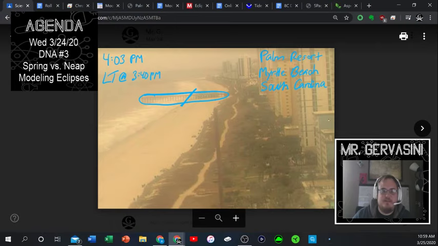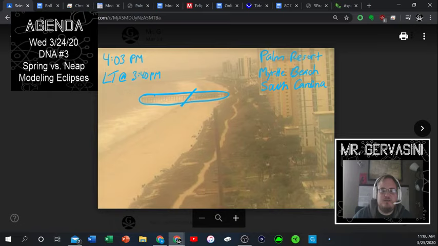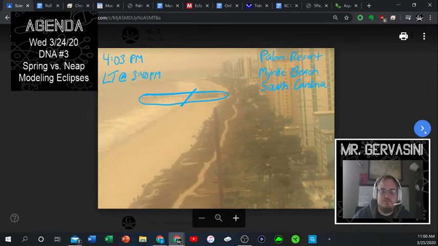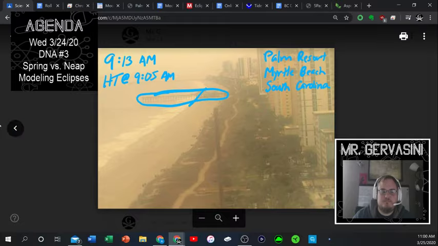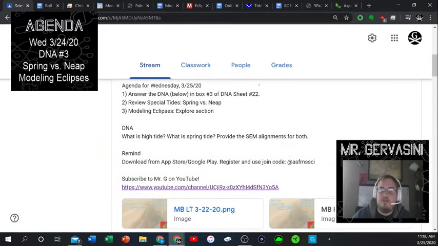And then the next day, 9:05 in the morning was high tide. I took it at 9:13. So you can see, if you use the pier, that there is a clear increase in sea level and a decrease in sea level. It's a kind of cool visual. You can obviously Google webcams for different resorts and see what the tides are at that time.